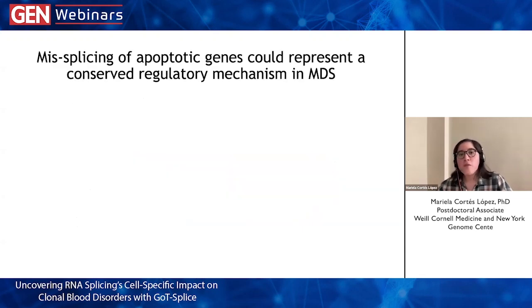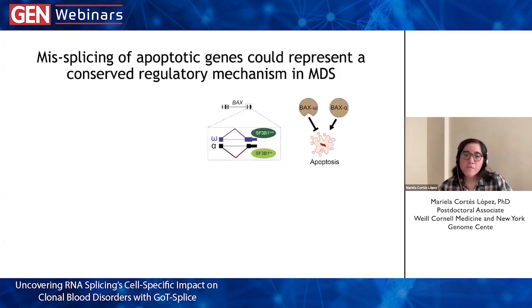And perhaps one of the most interesting examples of this that we highlighted in the paper was the missplicing of the apoptotic genes. In this case, a particular apoptotic gene is BAX. And we observed that BAX has actually several isoforms, but particularly BAX omega seems to be a protective isoform.